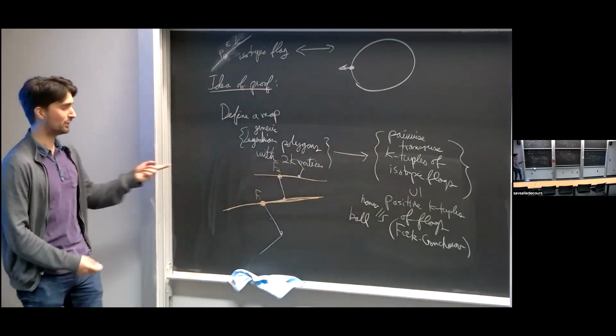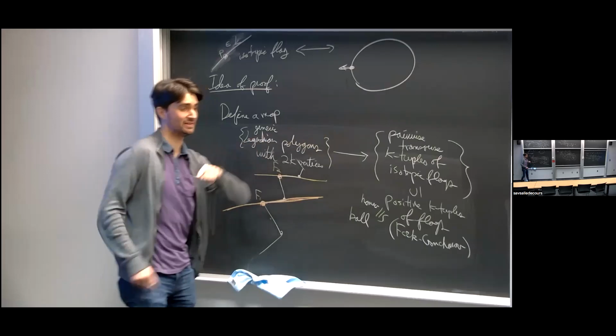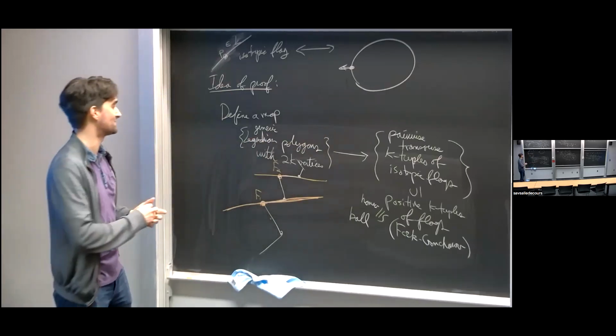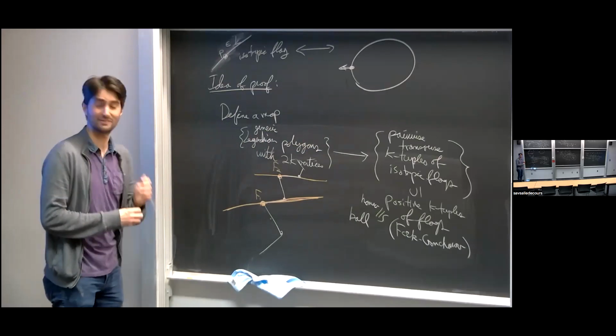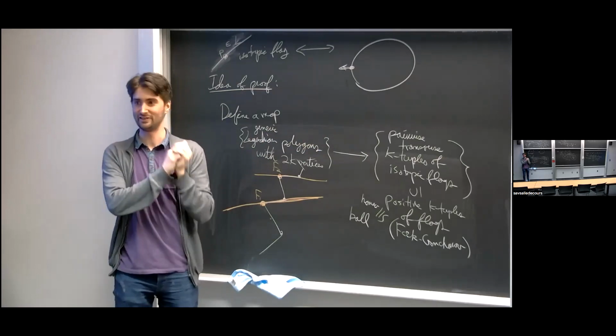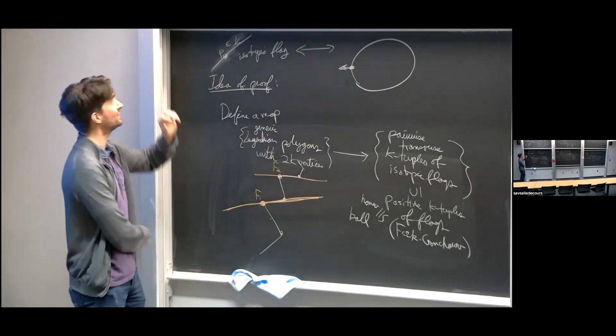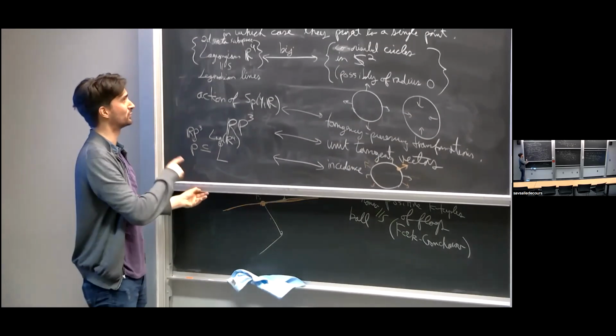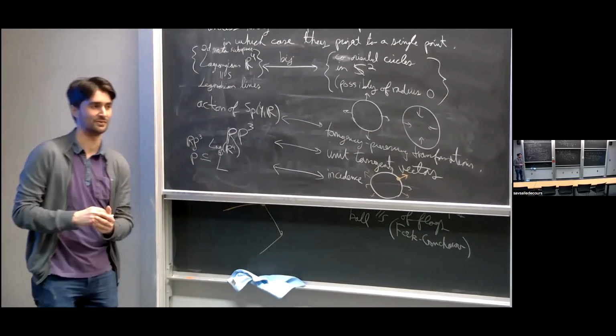So even though I don't know exactly what the full image of this is, I know what the image of simple and decreasing curvature polygons is. I didn't have time to define what decreasing curvature was. It is the Maslov index. So when you have three Lagrangians in R4, there's this invariant of triples of Lagrangian subspaces called the Maslov index.